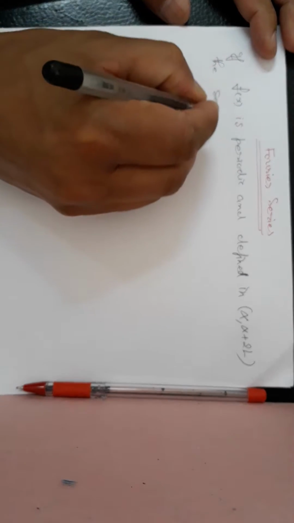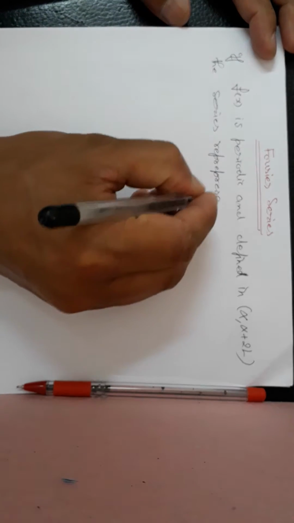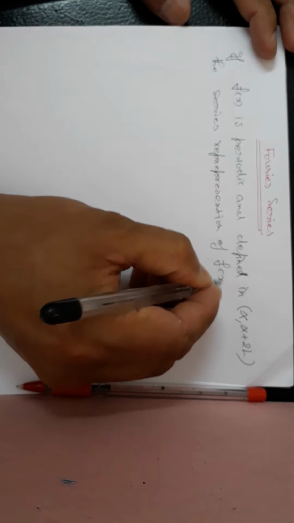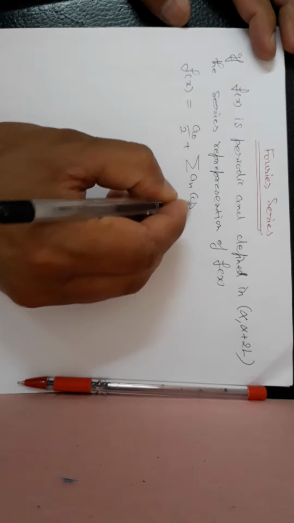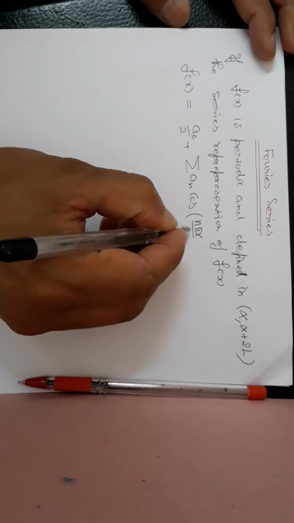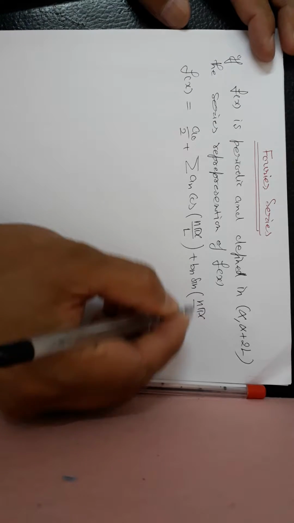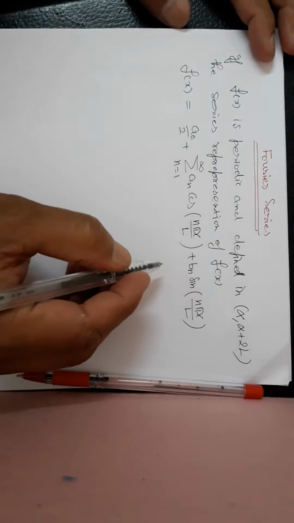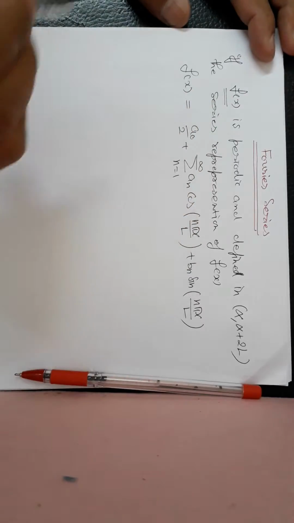Then the series representation of f(x), that is f(x) equals a naught by 2 plus summation of a_n cos(n pi x by l) plus b_n sin(n pi x by l), where n is from 1 to infinity, is called the Fourier series representation of the function f(x).